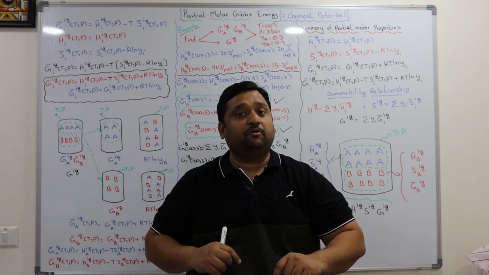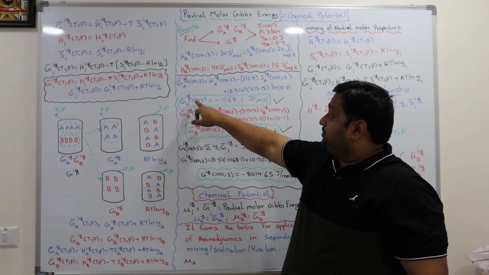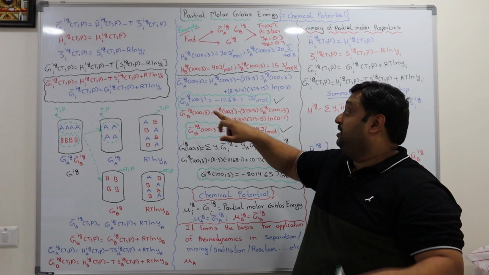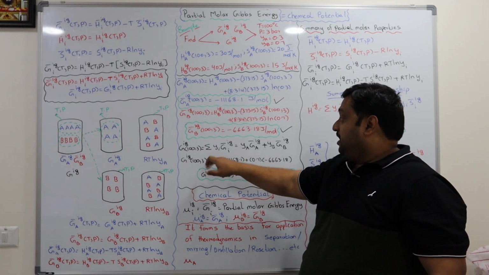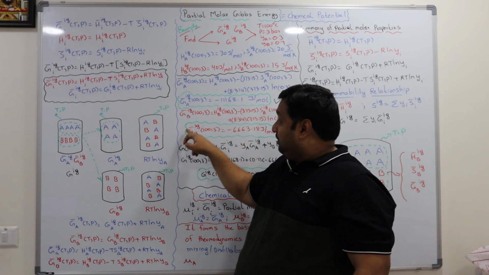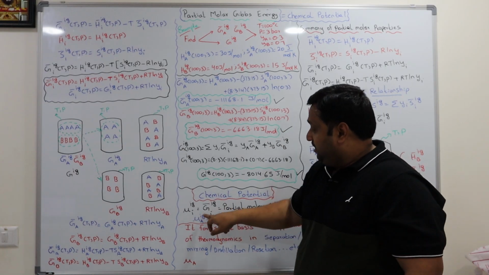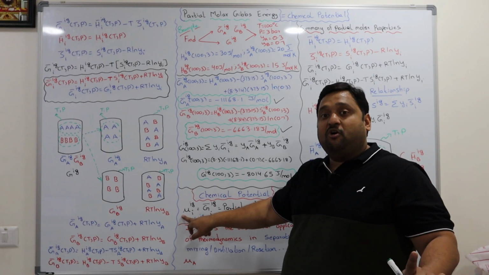Now you have found that the partial Gibbs energy of A, minus 1168.1, is nothing but the chemical potential of A in this mixture. The partial Gibbs energy of B in the mixture, minus 6663.18, is nothing but the chemical potential of B in this mixture. That is why any partial molar Gibbs energy is nothing but the chemical potential of the ith component.